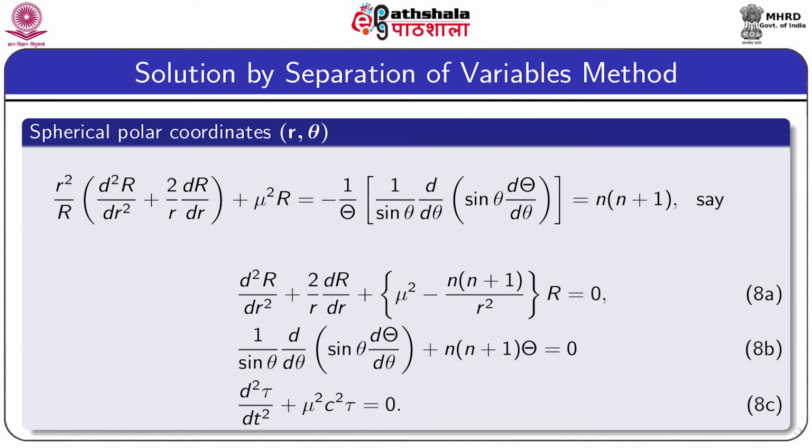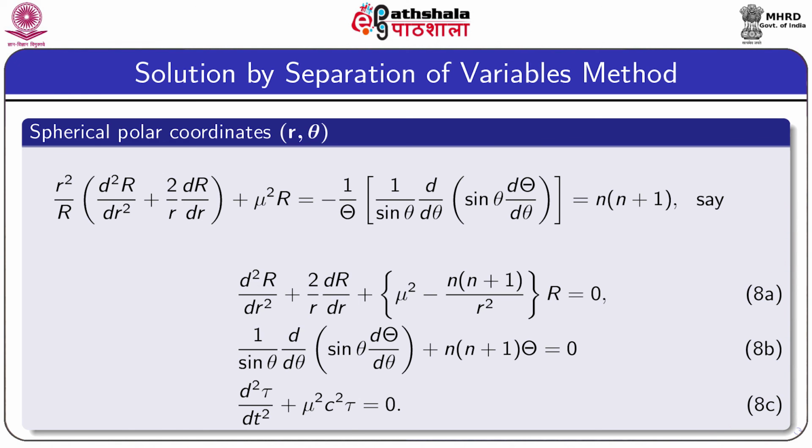Again, we are separating the functions capital R and theta, and we are assuming the separation constant now as n into n plus 1. Therefore, the equations for capital R, capital theta and tau become those shown in equations 8a, 8b and 8c.